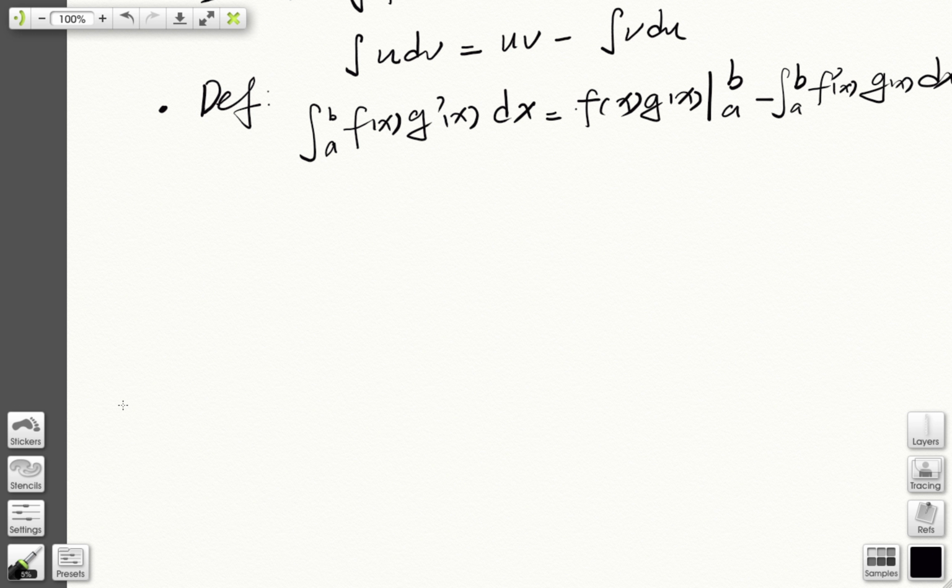But besides that, there's a little rule just for partial fractions of rational functions. Partial fraction of rational functions.